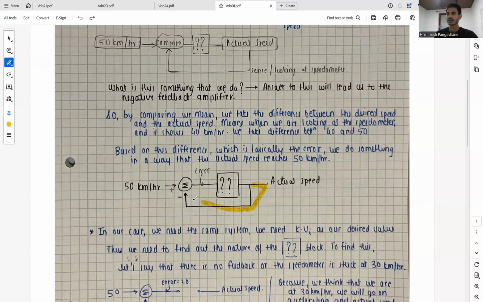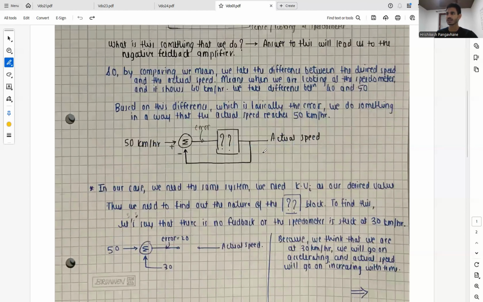So this is how we represent it. We have our error, which is 10 kilometers per hour, and we do something with it so that we reach our desired speed, so that our actual speed equals the desired speed.